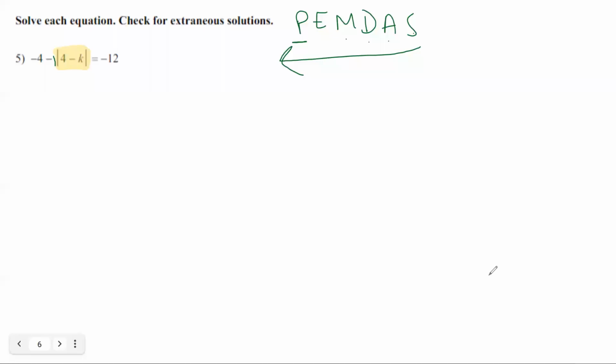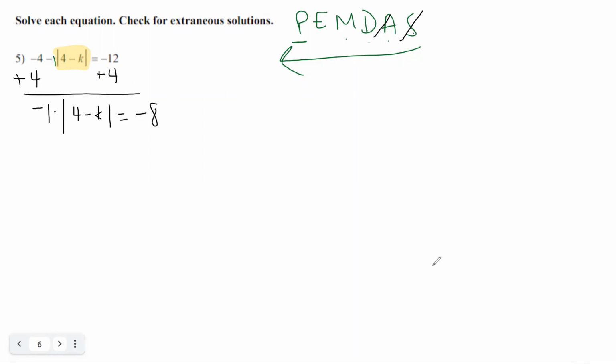So in order to do that, we're going to undo -4. We're going to add 4 to both sides. I can't subtract anything right now, but I can add. So this leaves me with -1 times the absolute value of 4 minus k equals -12 plus 4 is -8.